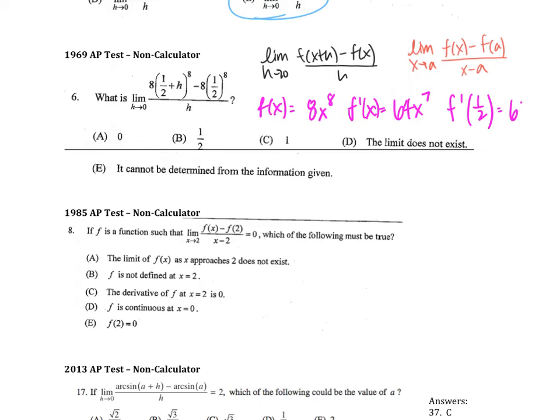That means we'd have 64 times 1/2 to the 7th. 1/2 to the 7th, when I multiply 1 times 1 times 1, we obviously get 1 on top. 2 to the 7th: 2 times 2 is 4, times 2 is 8, times 2 is 16, times 2 is 32, times 2 is 64, times 2 is 128. And we'll be left with 64 over 128, which is a half.